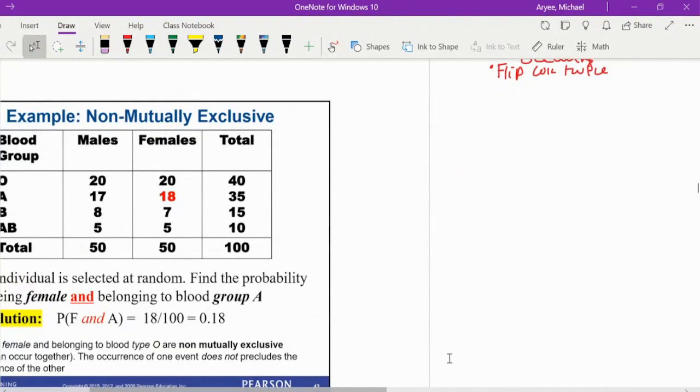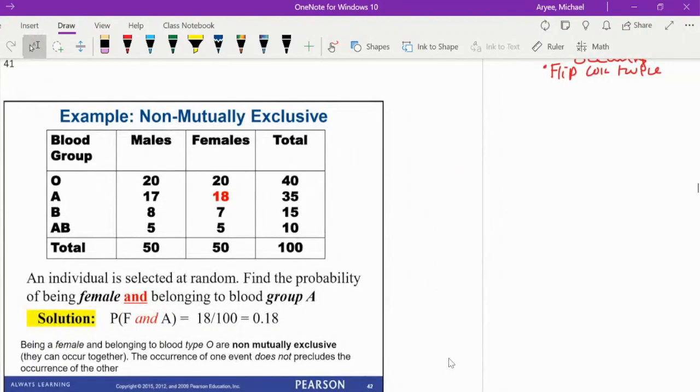All right, but let's first start with AND, right? Probability. We did a little bit of AND somewhere. Probability of A and B. So let's take this example that I have here. We want to find the probability of female and the person belongs to blood group A. So female, it's all this line. Blood group A, it's all this line.